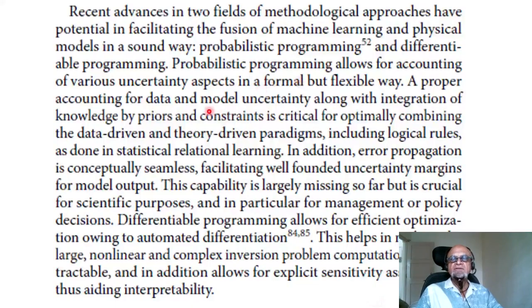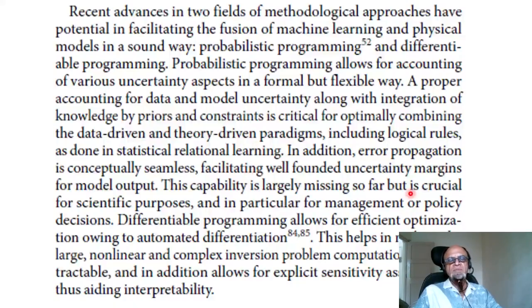Probabilistic programming allows for accounting of various uncertainty aspects in a formal but flexible way. A proper accounting for data and model uncertainty, along with integration of knowledge by prior and constraints, is critical for optimally combining the data-driven and theory-driven paradigms, including logical rules as done in statistical relational learning.